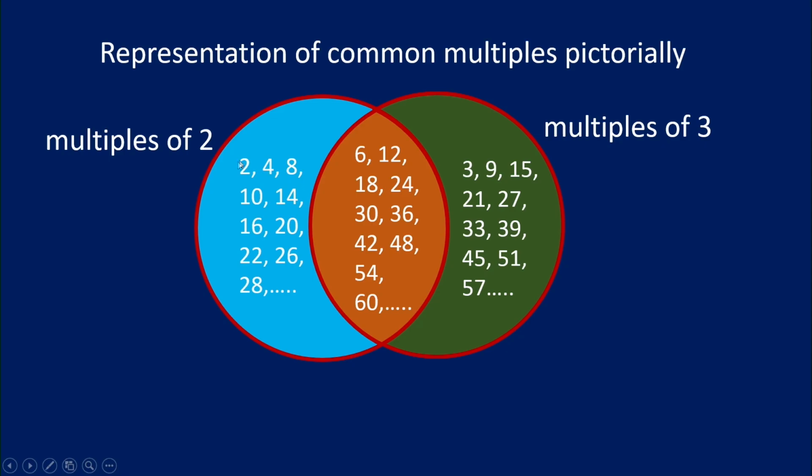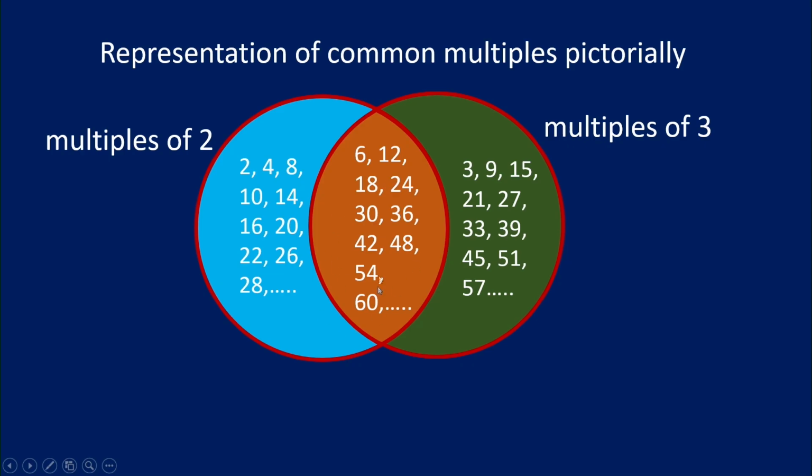See the multiples 2, 4 and 6 here, then 8, 10 and 12, and 14, 16 and 18 here. And look at these numbers 3, 6, 9, 12, 15, 18. Among all these multiples, the middle part represents common multiples of both 2 and 3.